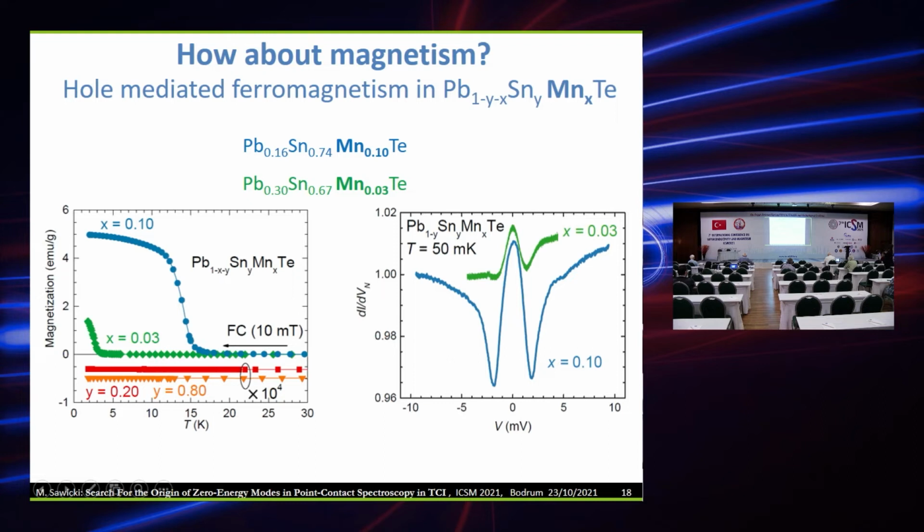And we see the same features. So the presence of manganese, which made the samples ferromagnetic, didn't change a thing. We still observed very nice, very strong features, and the zero bias conductance peak was clearly observed.